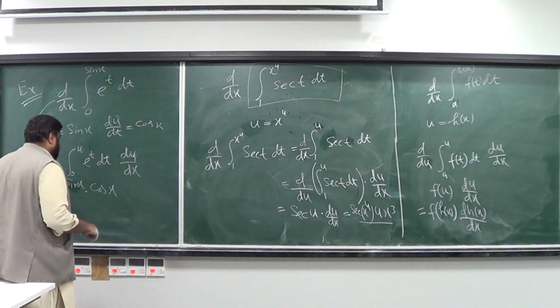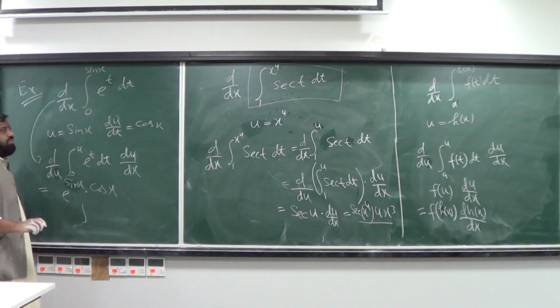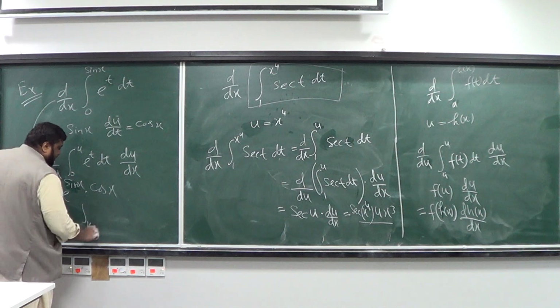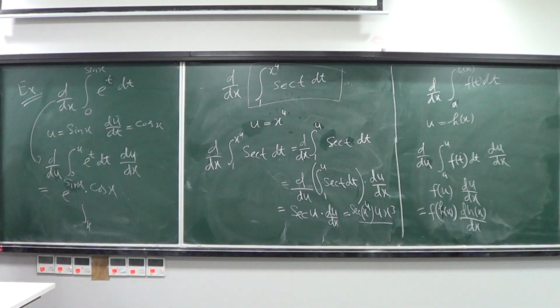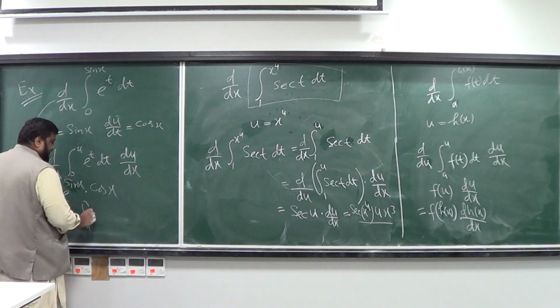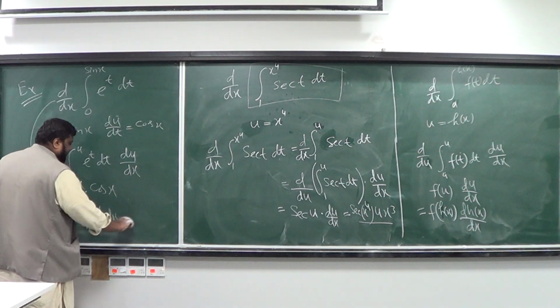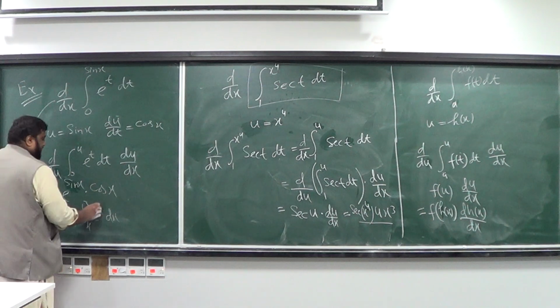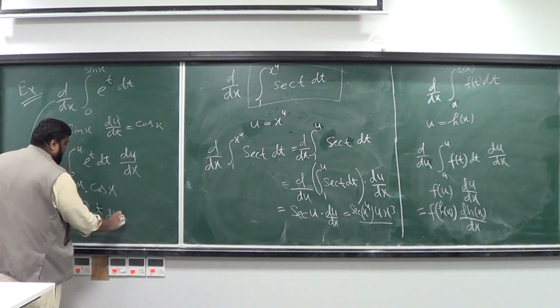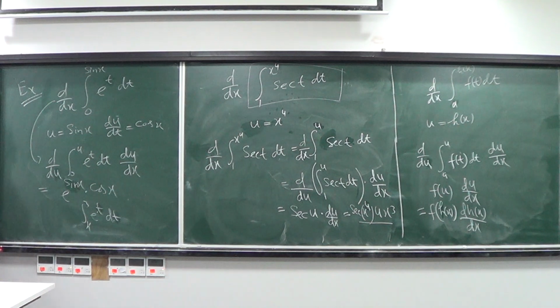You can also ask, what if I have a function with the variable in the lower limit, say from x to 3 of e to the t dt? What are you going to do?